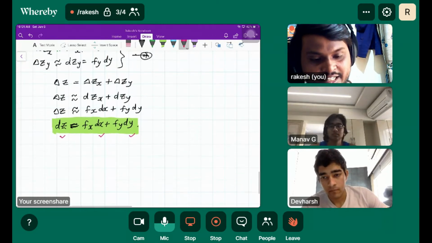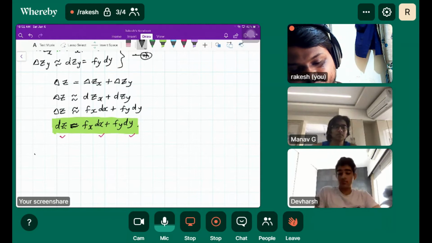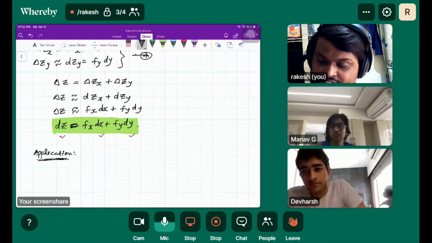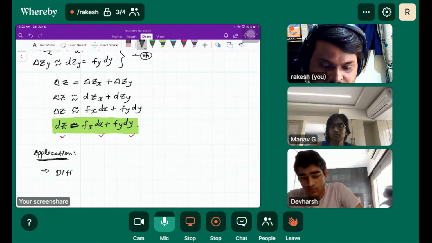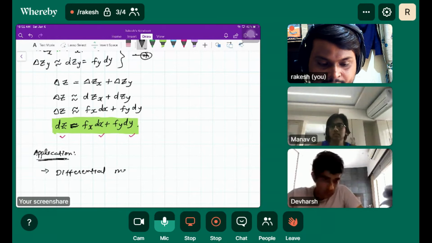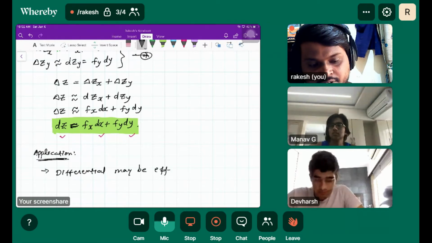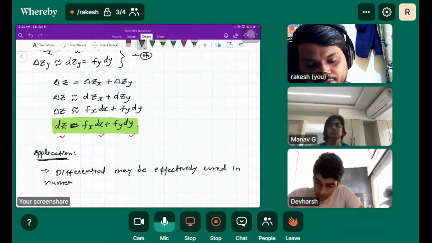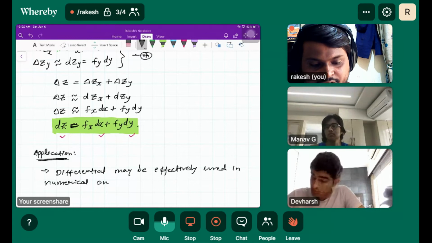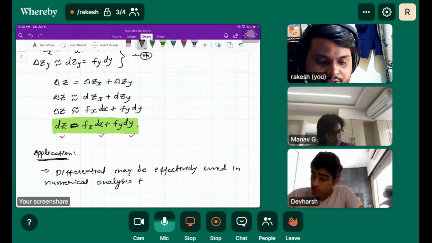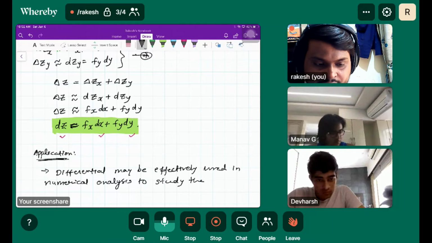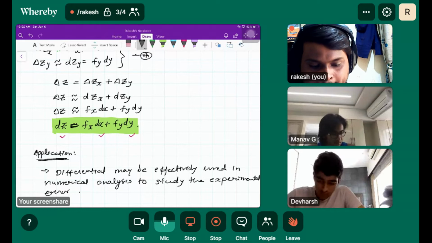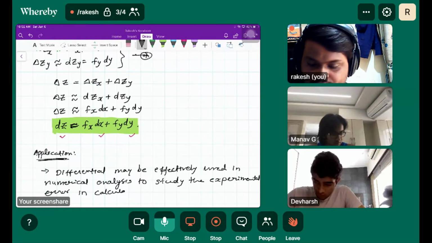So you can write something as an application. Application: differential, maybe effectively used in numerical analysis to study the experimental calculation.